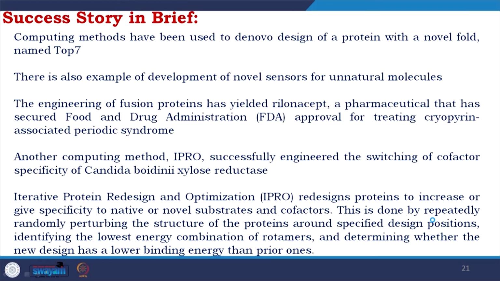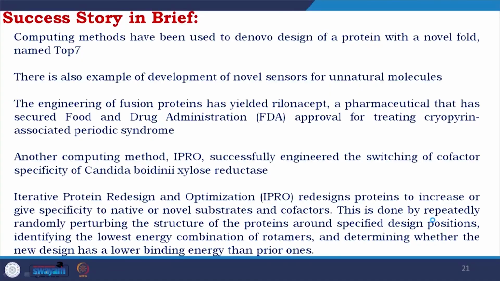So, what does it do? It is iterative protein redesign and optimization. So, there is an iterative method, that is why the computer algorithm introduces it. Initially it does the change. So, design, then redesign and then optimization. So, how is it performed? Firstly, it redesigns protein to increase or give specificity to native or novel substrates and cofactors. This is done by repeatedly randomly perturbing the structure of the protein around specified design positions.